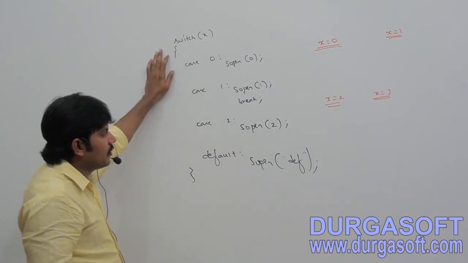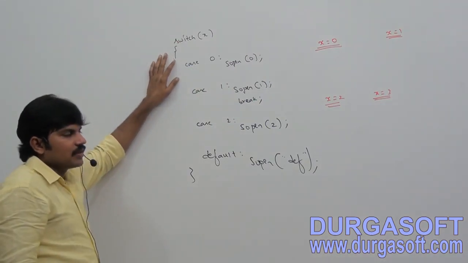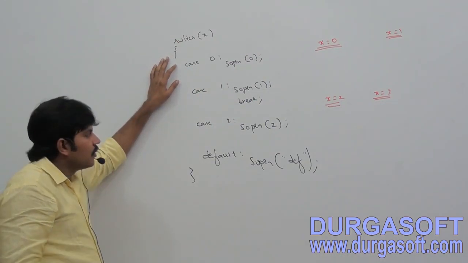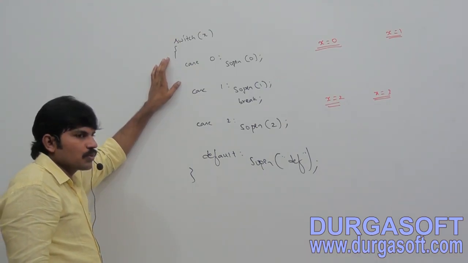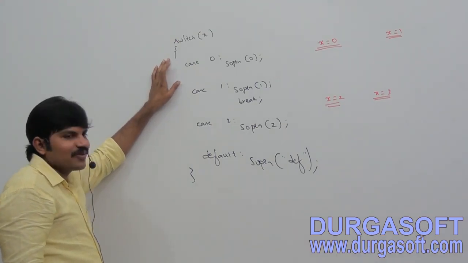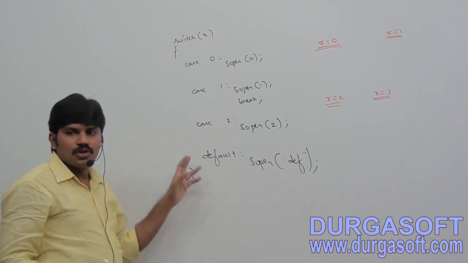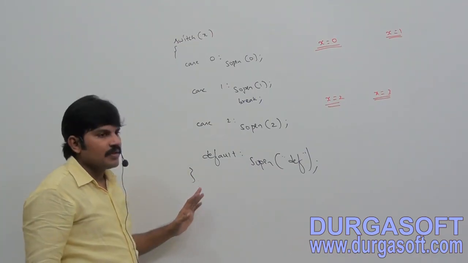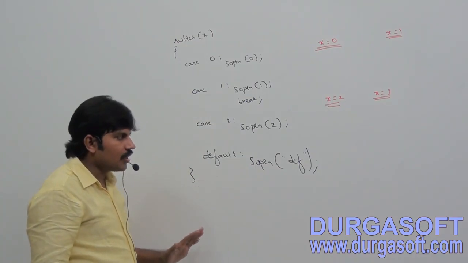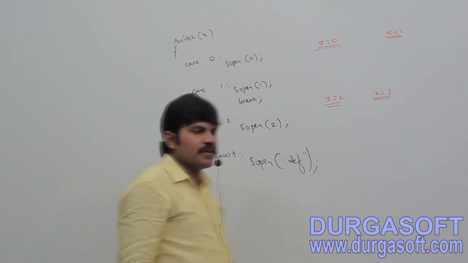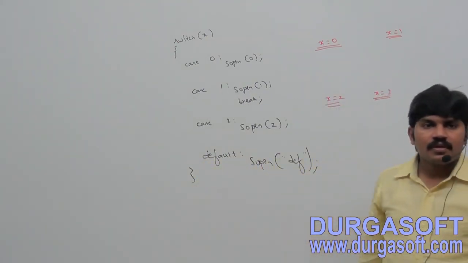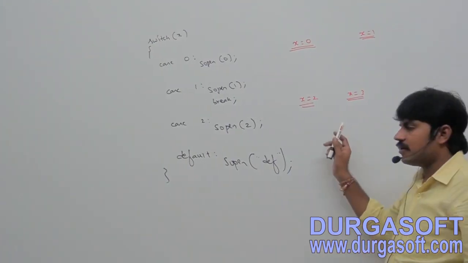If X is equal to 1, 1. If X is equal to 2, 2 or 2 DEF? 2 DEF. If X is equal to 3, DEF.